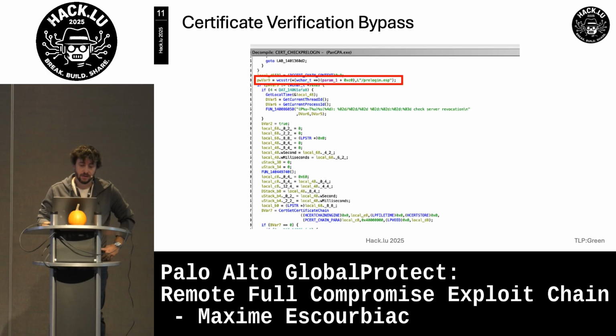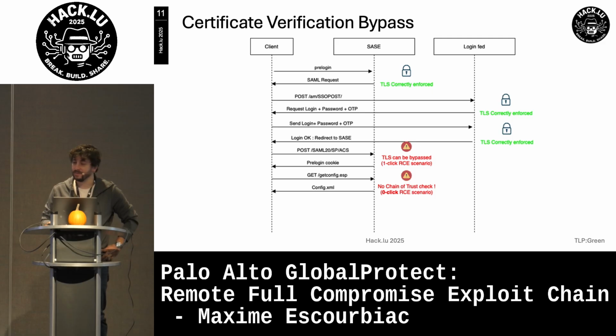So we went through the code with Ghidra, and we tried to find out how the client checks the certificate. We were a bit surprised. There are string comparisons of pre-login.esp. And when we saw that, on the last day of the assessment, we said, no, come on. And that's true. They only check the certificate for the first attempt to reach the servers.